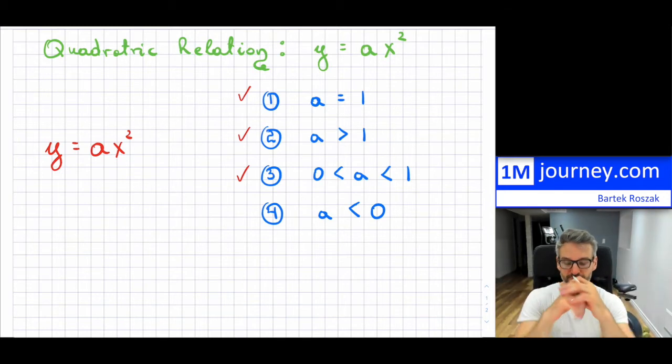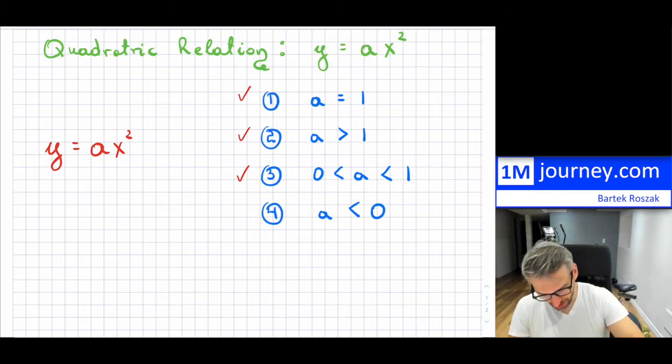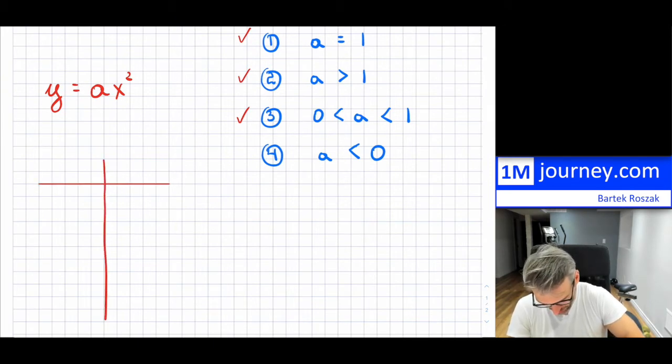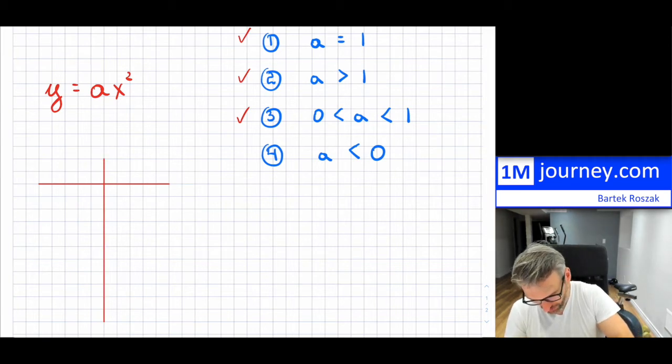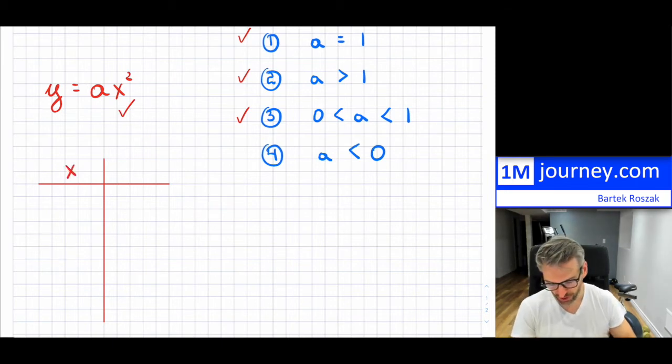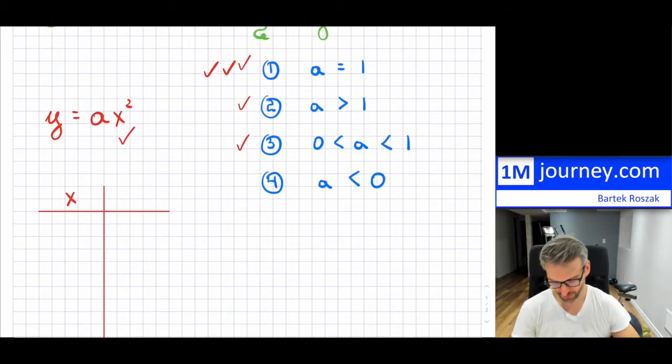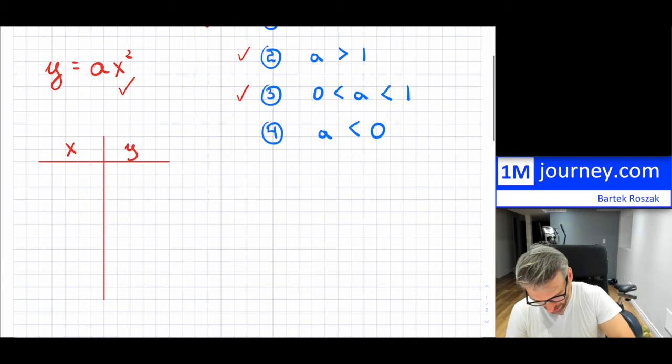All right. Now, I'm going to create a table of values here. I'm not going to make a very long table of values, but let's imagine we have our input, that's our x, and then we're going to see what happens to our output. I'm going to concentrate on the case where a is equal to 1. That means that y is simply equal to x squared.